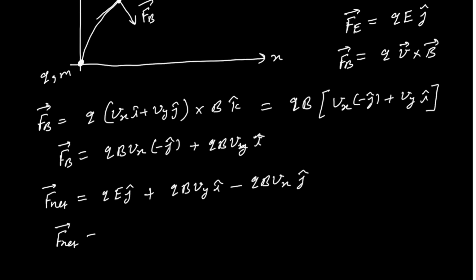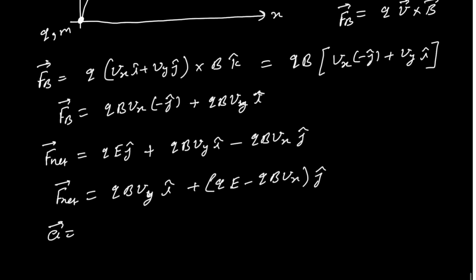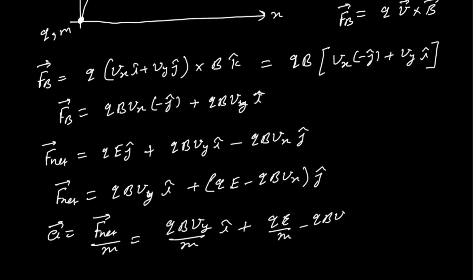So this F net becomes qB Vy i cap plus (qE minus qB Vx) j cap. And now we say acceleration is F net by m, so that is qB Vy by m i cap plus (qE by m minus qB Vx by m) j cap.